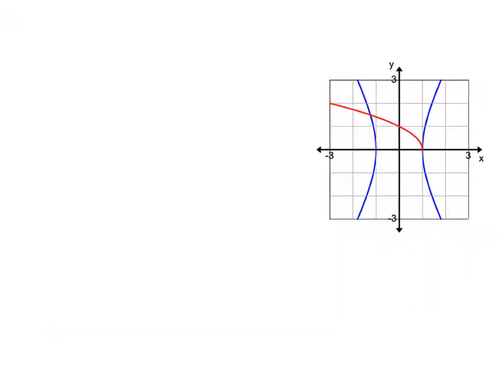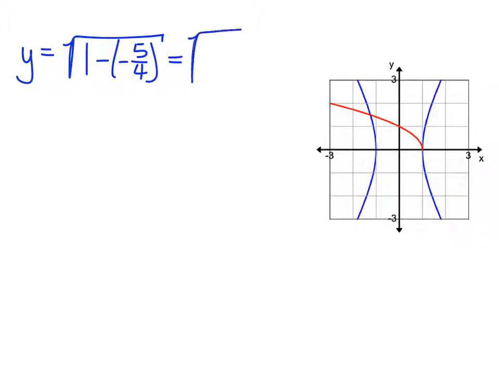Take both of those and plug in for our y. So we've got y equals the square root of 1 minus negative 5/4. You can put that in the calculator or get a common denominator. You get the square root of 9/4, and that'll give you 3/2.